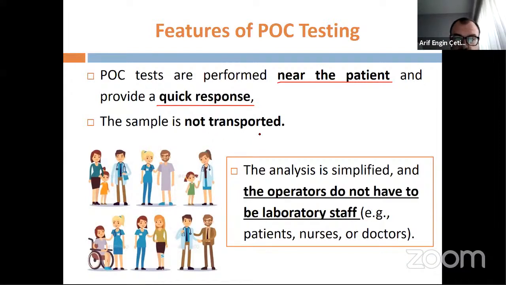So the sample is not transported, because since POCT tests are performed right next to the patient, they are not transported to a central lab. For example, when you think about blood tests, you go to the hospital, the clinician asks you to give a blood test, you give your blood, and they send it to another lab or another center to be analyzed and give the result back to the clinician.